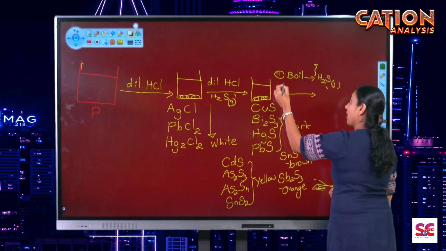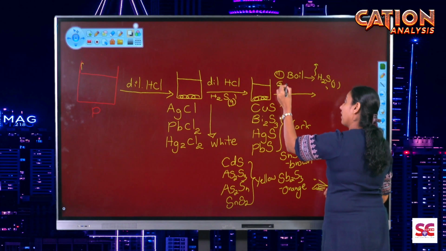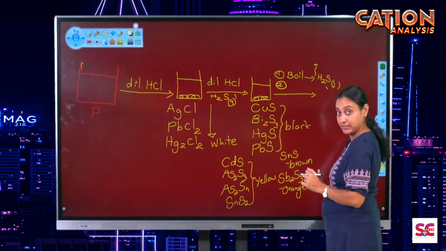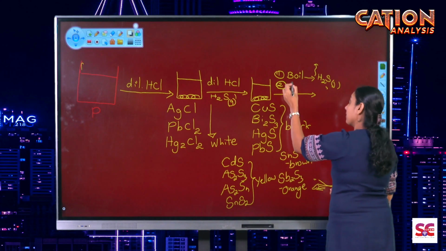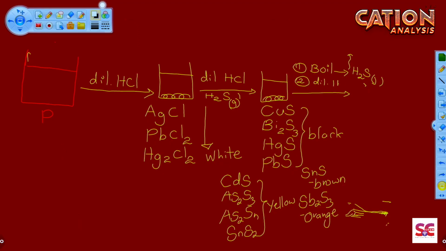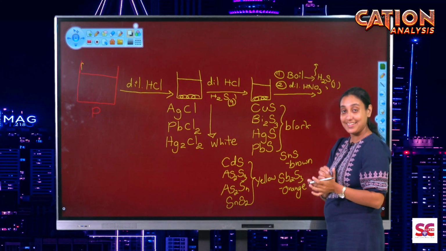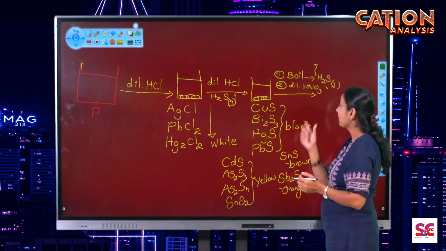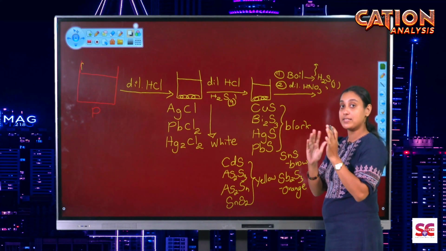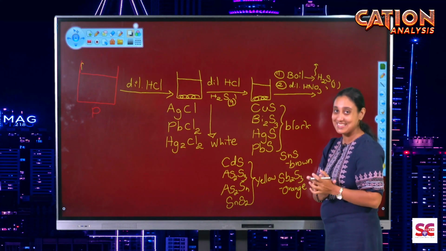Secondly, let the solution come to room temperature and add a few drops of dilute nitric acid. Dilute nitric acid is a somewhat strong oxidizing agent. Here dilute nitric acid is used to oxidize Fe2+ ions into Fe3+ ions.